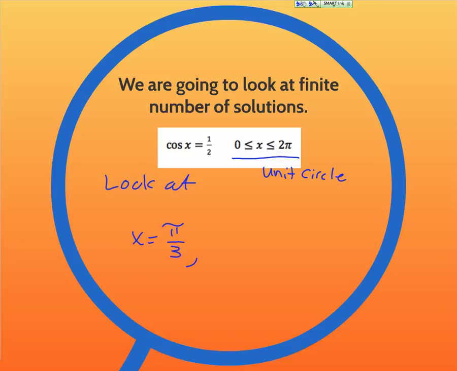And where else? There should be one other place where it equals 1/2. Very good. And we can stop there because it says stop at 2 pi. That's just one time around my circle. So those are my answers.